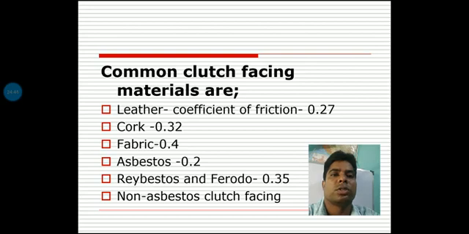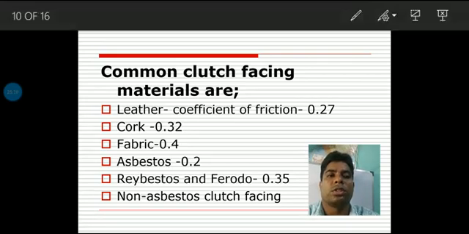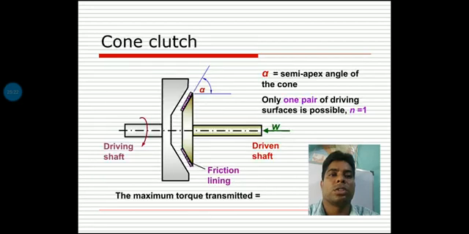So, first material is leather, and its coefficient of friction is 0.27, and second one is cork 0.32, fabric is obviously 0.4, asbestos 0.2, and ferodo 0.35. Non-asbestos clutch facing can also be considered as a smooth clutch material.